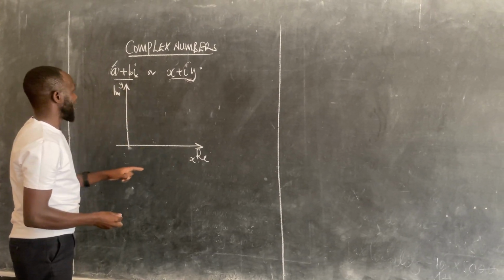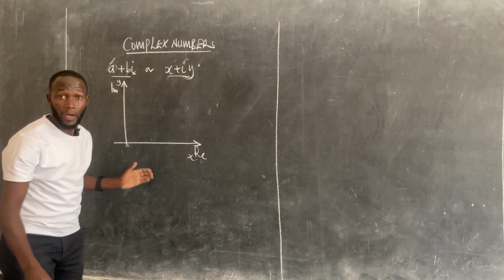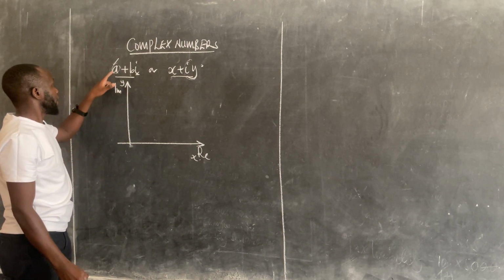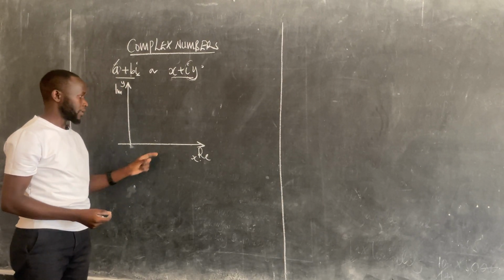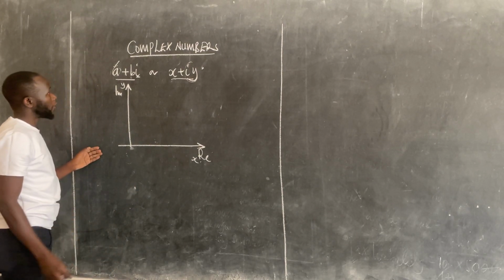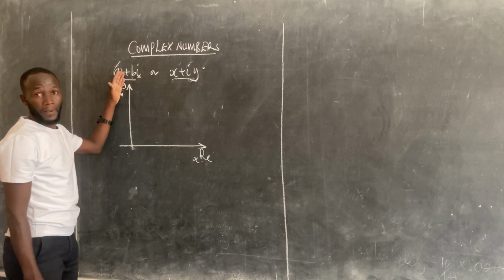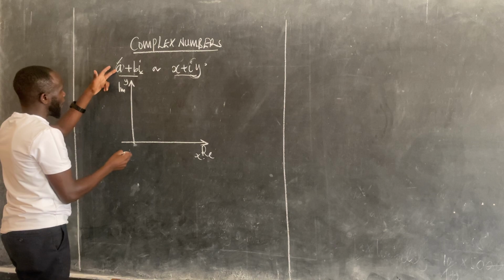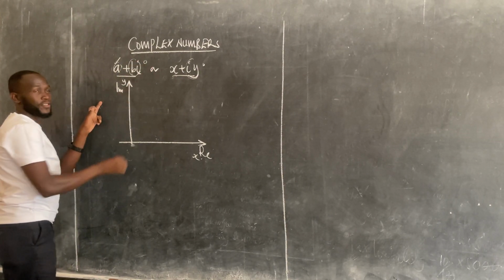Having heard that, come back to this. There are two things you should know before we move on with complex numbers. There are numbers that are purely imaginary, and numbers that are purely real. When do we talk about a purely real complex number? A purely real number is one where the imaginary part is 0.